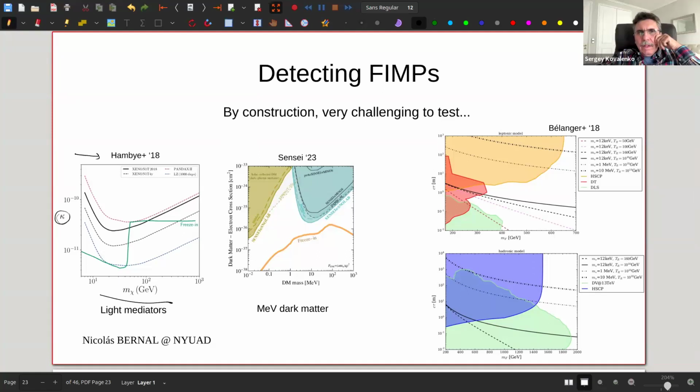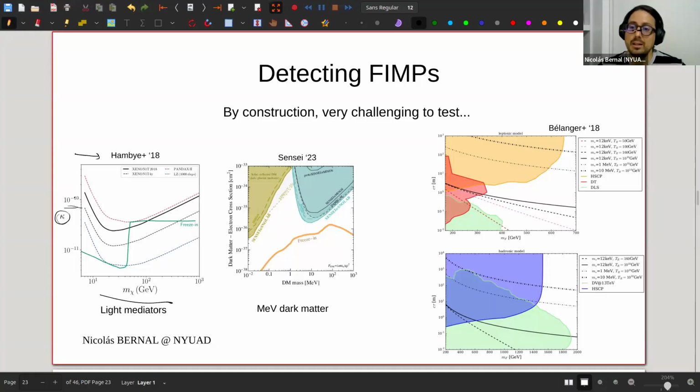So then the portal should be very weak in order for this paradigm to work, right? Not very big, very small, like 10 to the minus 10. Yes, of course, very small.